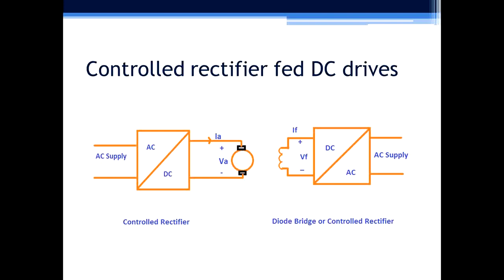This is also called a control rectifier, and a control rectifier will give a variable DC voltage. As we know, in order to control the speed of this motor, we have to control armature voltage. So the armature voltage of this DC motor will be controlled by controlling the firing angle of the armature side converter, that is either a semi converter or a full converter.